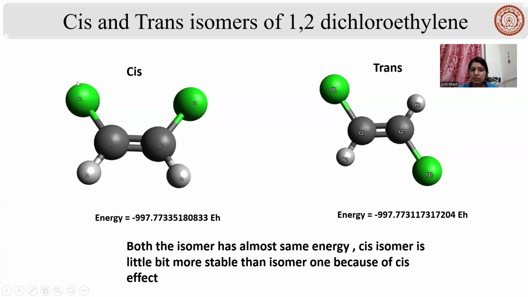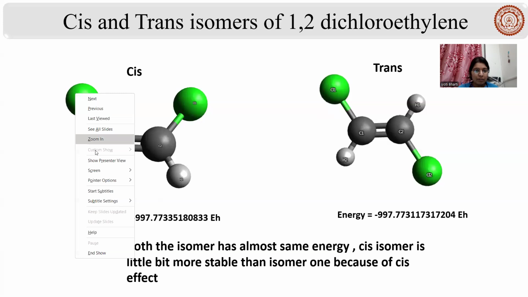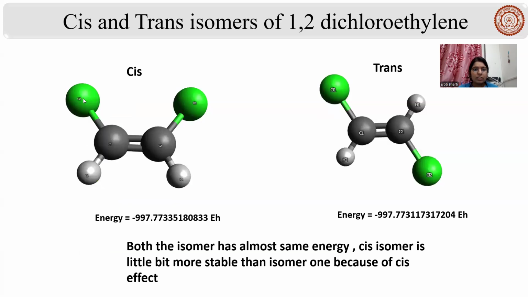So this chlorine will get a positive charge, as it is donating its lone pair. And by delocalizing through this double bond, the other chlorine will get a negative charge. And now we will have an electrostatic attraction between these two.